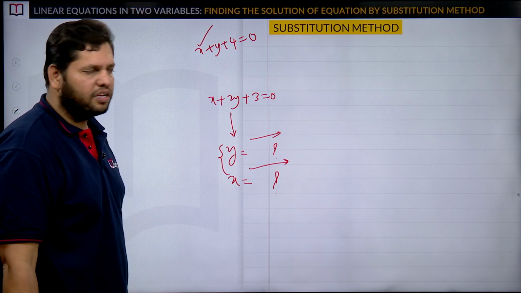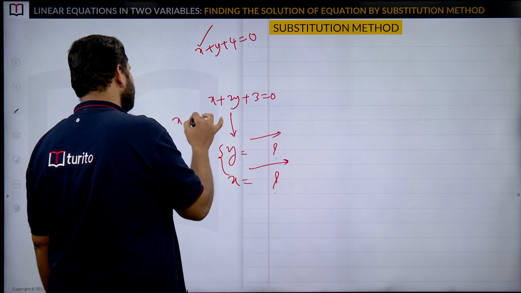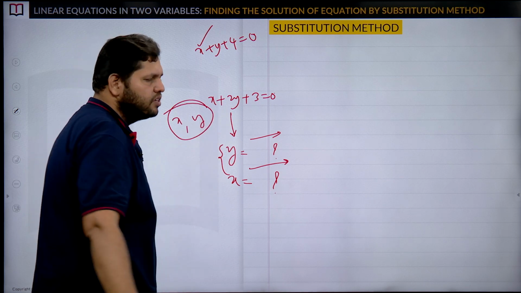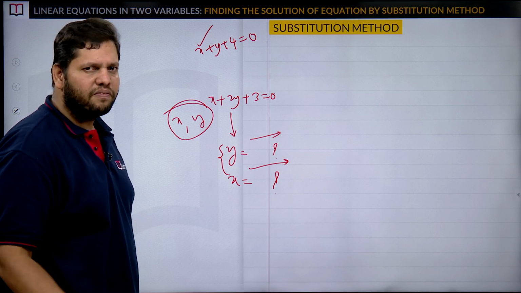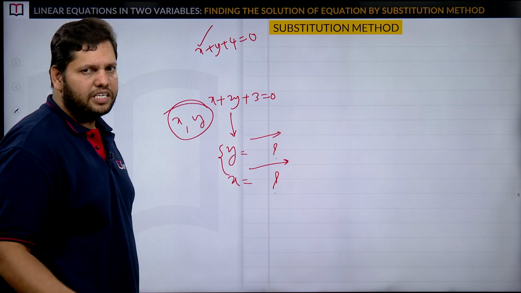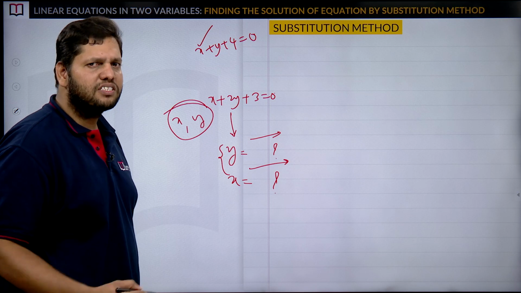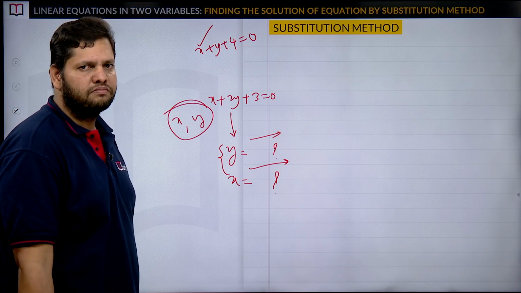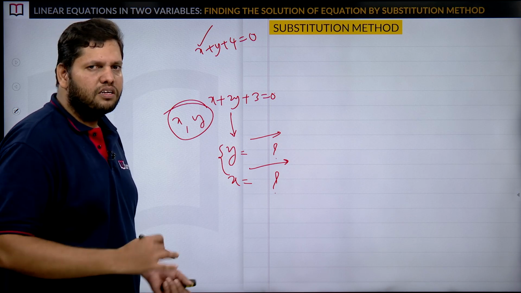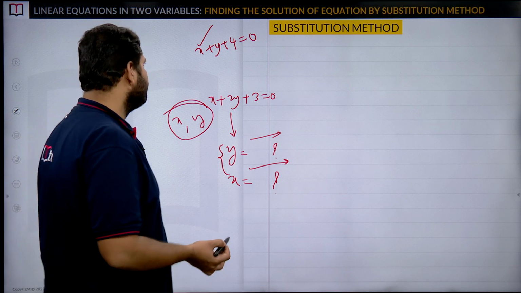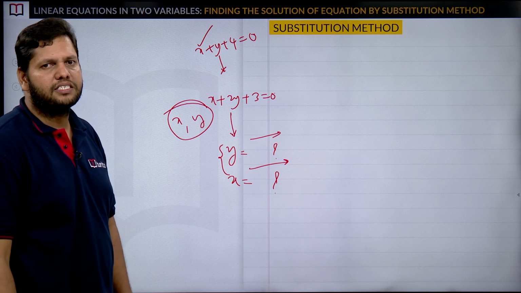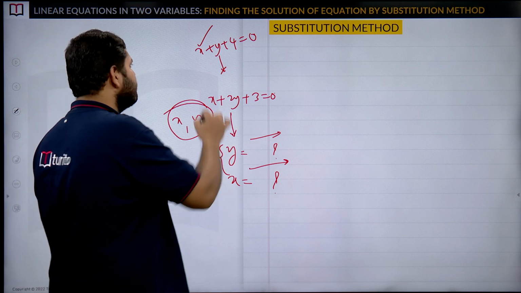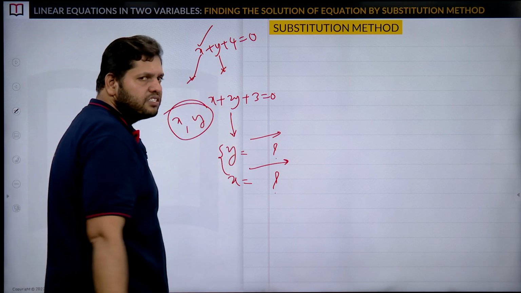After substituting in that equation you are going to get some value. From that value we can find the x value and the y value. So that is called substitution. Substituting means instead of x we are writing something, instead of y we are substituting some value. Substitution means in the place of y you are converting into something in x, otherwise in the place of x you are converting into something in y.